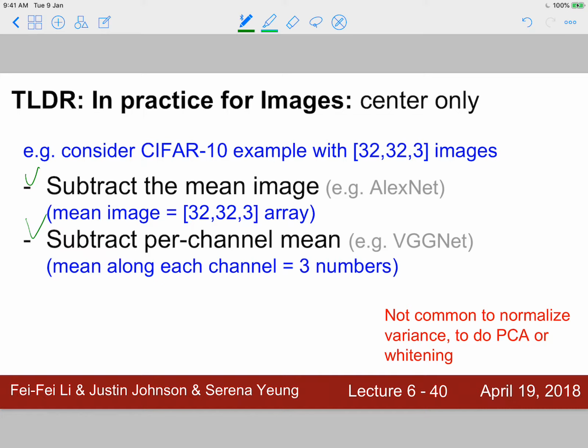Okay, so this is our input image, right? In the first scenario, we basically compute the mean image.